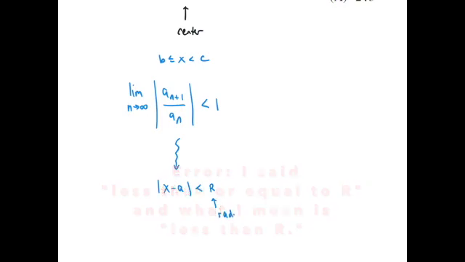So where is the radius found? The radius is found by taking the ratio test and simplifying as completely as you need to get the absolute value of x minus a less than whatever that value is. That value is the radius.